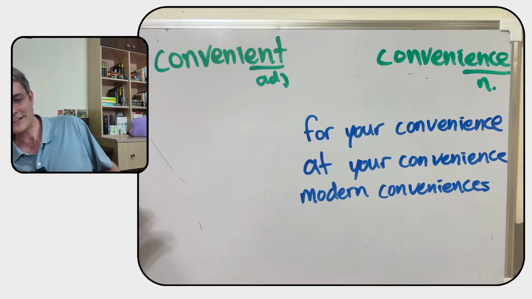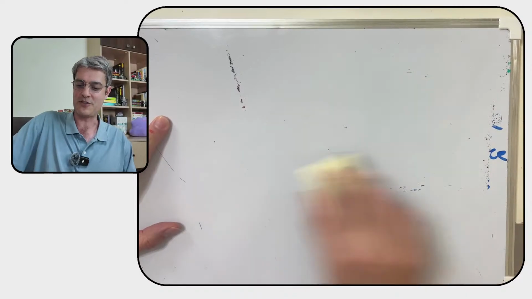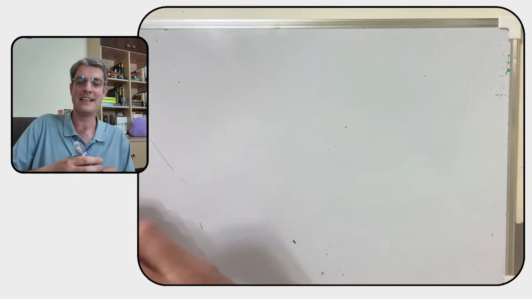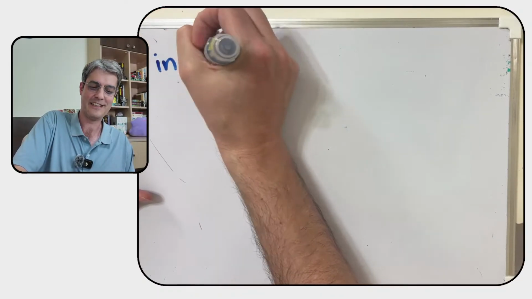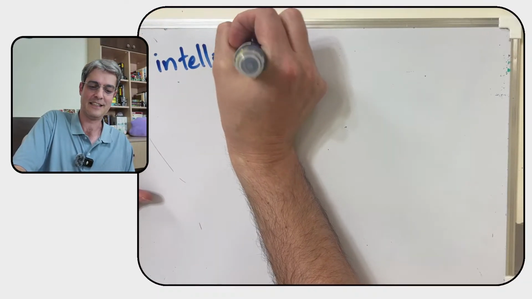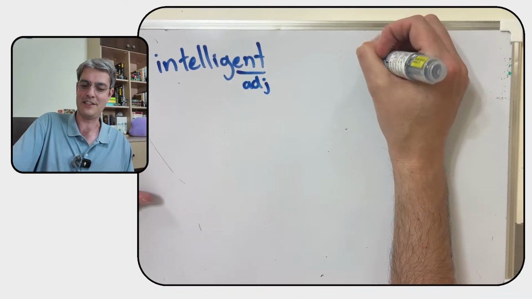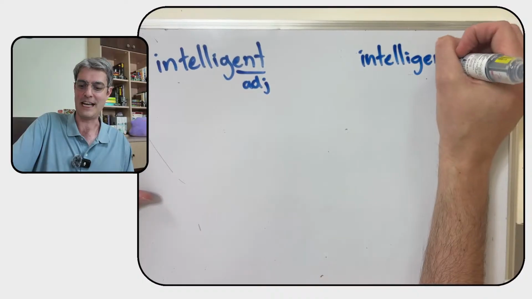So after convenient and convenience, our next special pair is intelligent and intelligence. We got intelligent, that's our adjective. And intelligence, that is our noun.